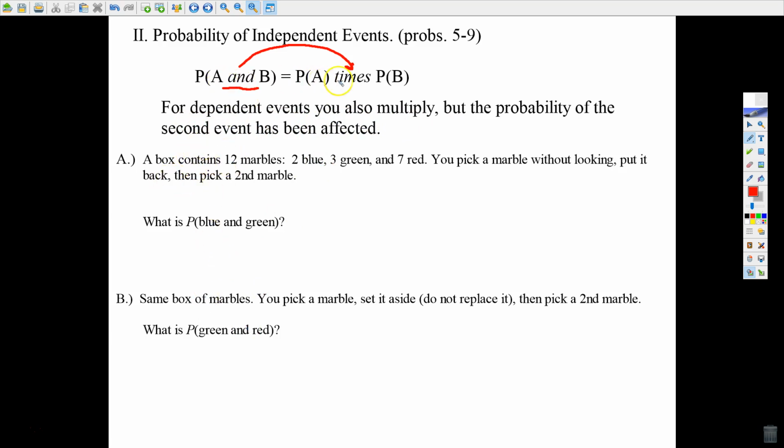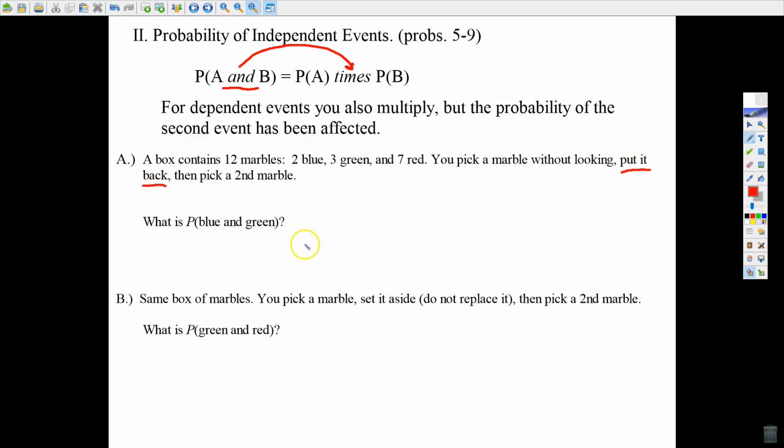So let's take a look at how this formula works with letter A. We have this box of marbles with these three colors, and my first event is picking a marble without looking. I put it back, and then I pick a second marble. Well, this is key.